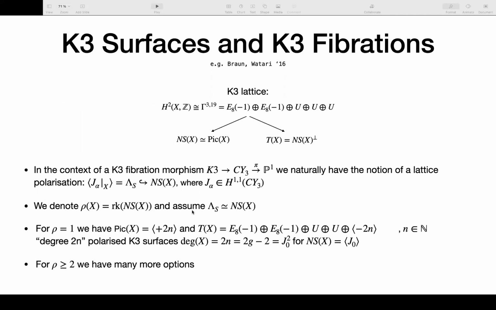And these are the so-called degree 2n polarized K3 surfaces, and they have degree 2n because the generator of the Néron-Severi lattice again squares to 2n.